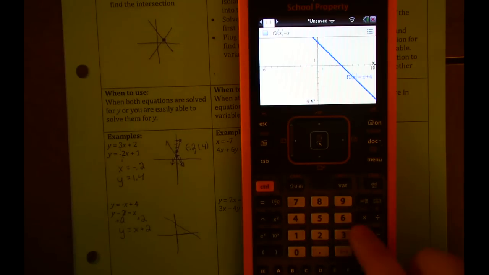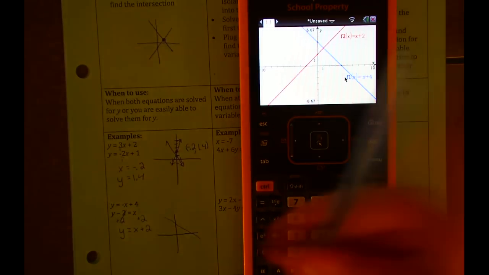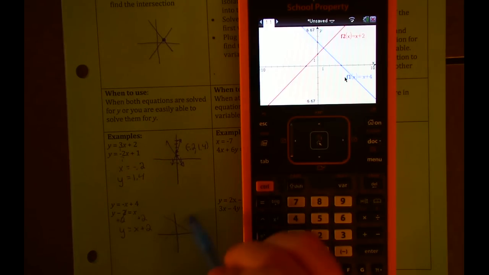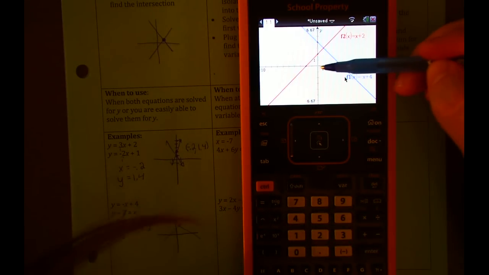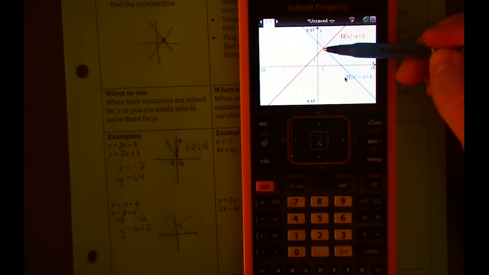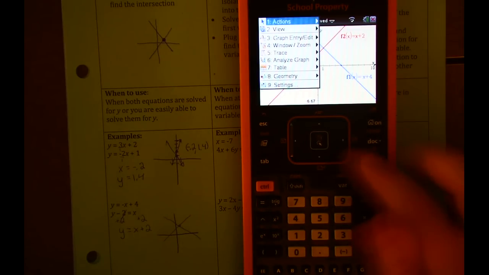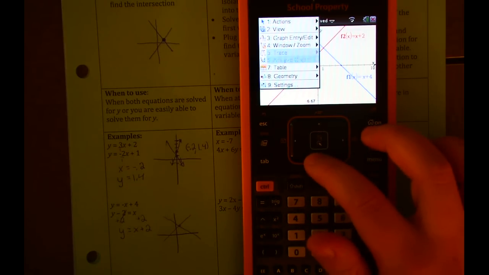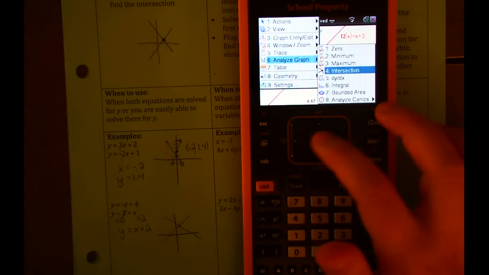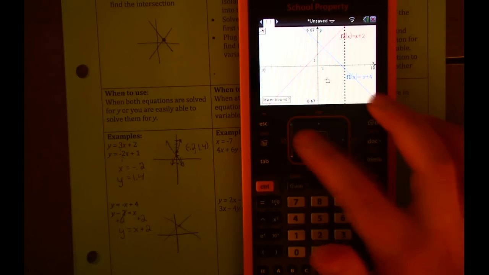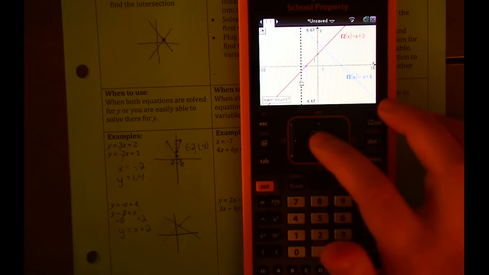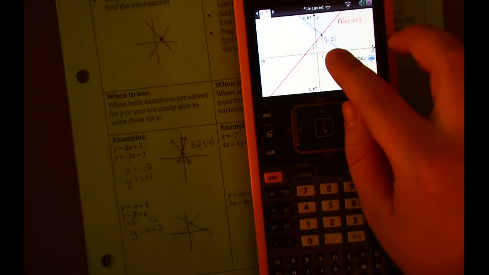And it says x plus 2, enter, and it looks like that. That point right there, it appears that it's at 1, 3, but I'm just going to double check here. I'll go to Menu, just to make sure it's not a little bit off of that point. Intersection, go to the left, hit enter, scroll to the right, and it is. It intersects at 1, 3.